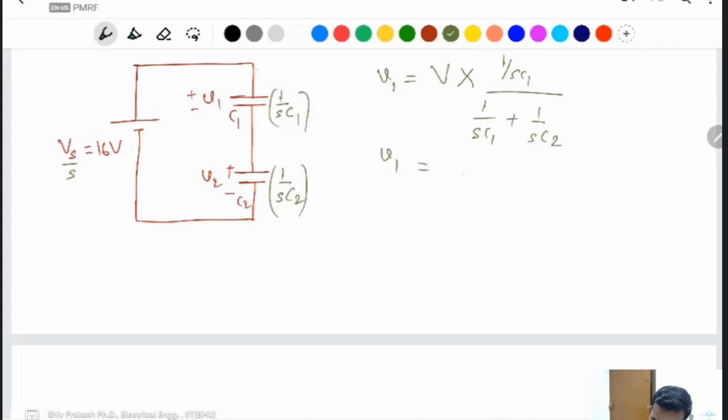What will V1 be? Vs by S, the output voltage, times 1 by SC1, divided by (SC1 plus SC2) over the product. You can take S common, then find SC1 into C2.